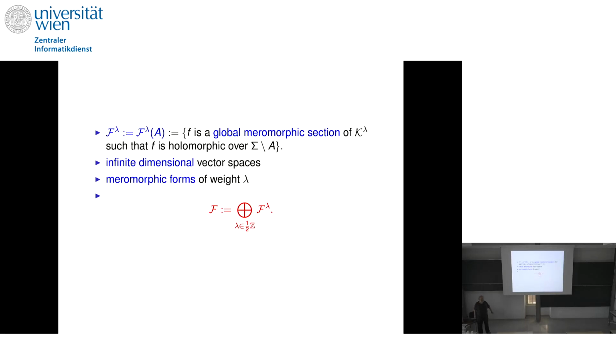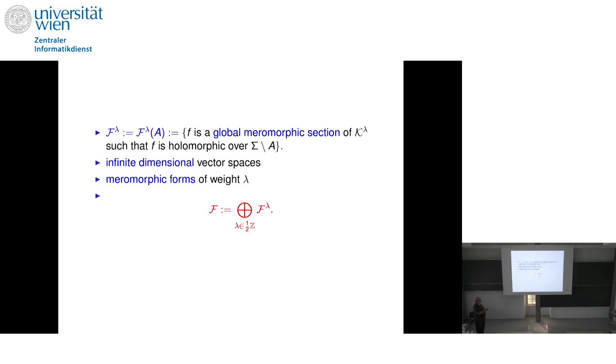It could be arbitrary. So these are infinite dimensional vector spaces. If you fix them, it would be finite dimensional, but then we would not have the algebraic structure which we are heading for. These we call meromorphic forms of weight lambda.